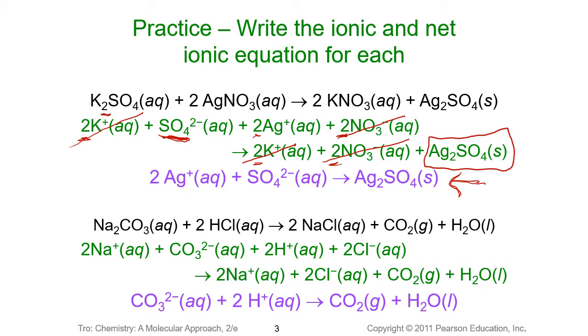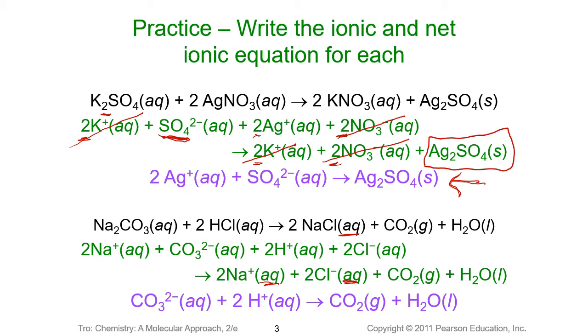Then carbonate. 2 HCl, we've got 2 in front of the H+, 2 in front of the Cl-. This produces 2 sodium chloride, and again that 2 goes for the sodium and also the chloride. And the reason we split this apart is because it is aqueous.